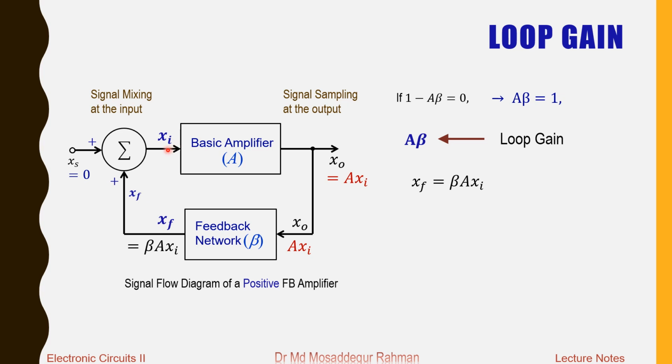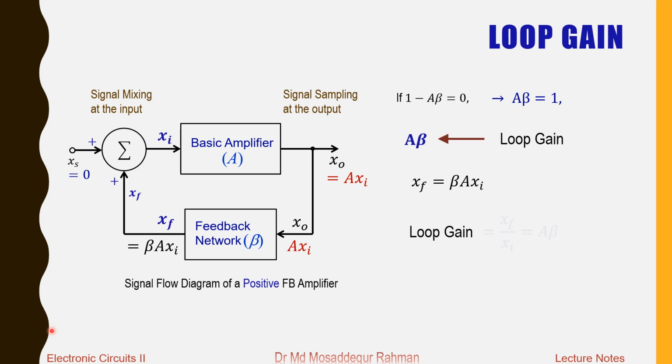Now, as you see, that signal has completed one loop around this feedback network. We have Xi started here, went through the basic amplifier, then went through the feedback network, and it came back here. Xs is 0, so Xi is Xf. It goes into the basic amplifier. So that finishes one loop around this feedback network. So the loop gain we can define: at the end of the loop is Xf, and at the beginning of the loop is Xi.